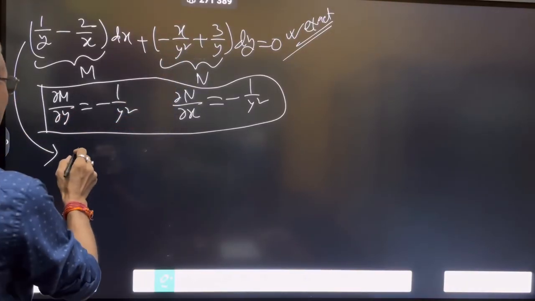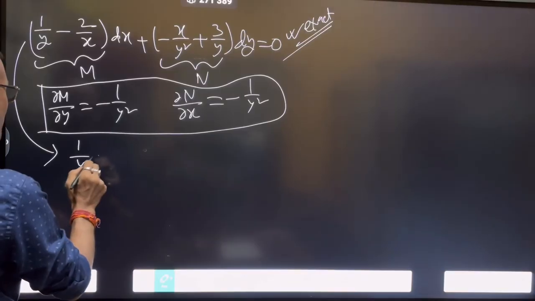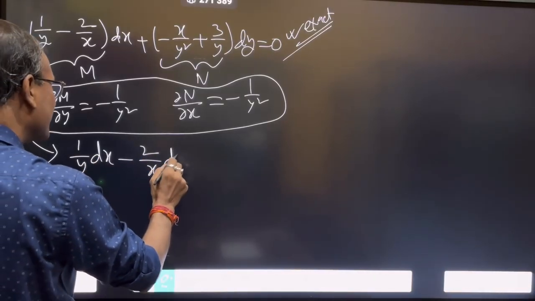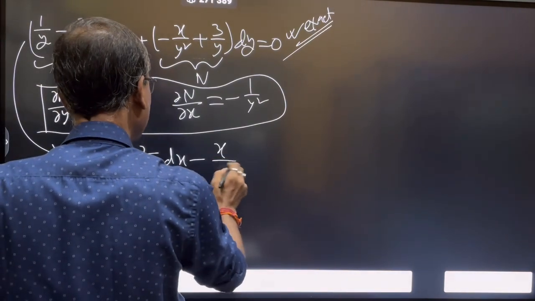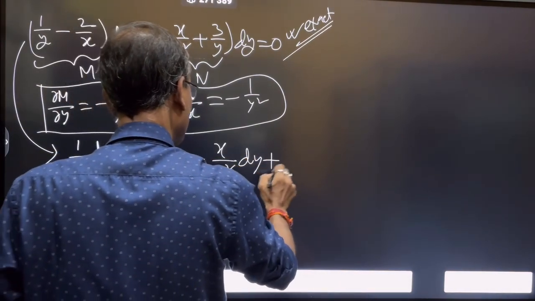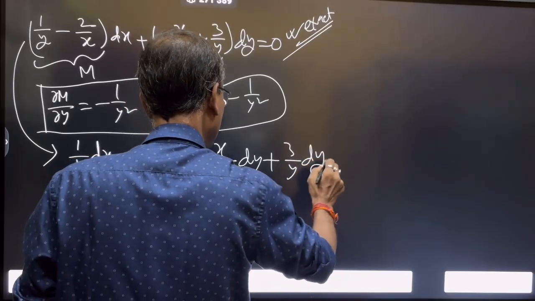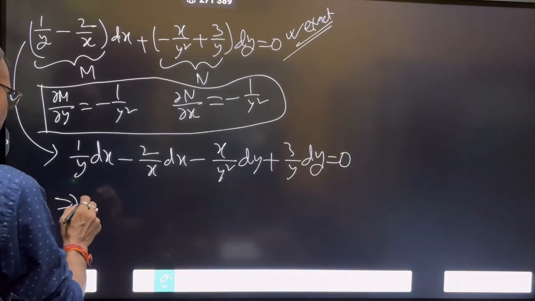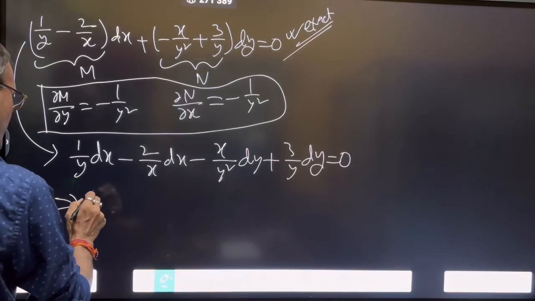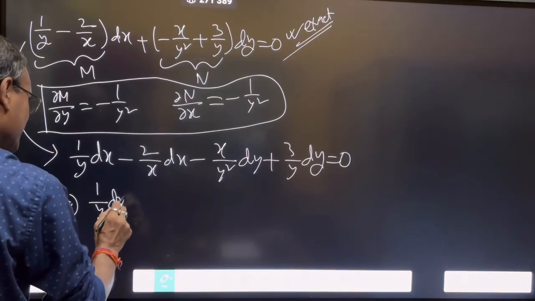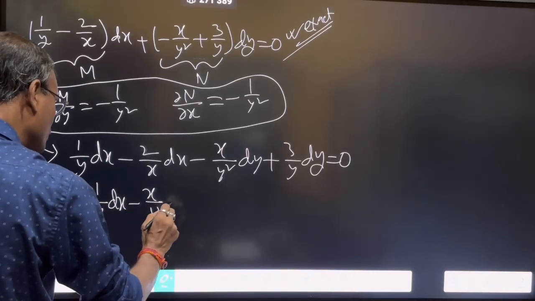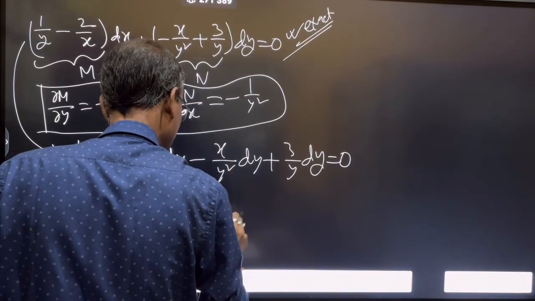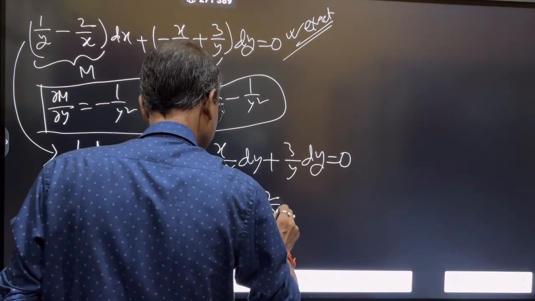Now, you can write it as 1 by y dx minus 2 by x dx minus x by y square dy plus 3 by y dy equal to 0. Or 1 by y dx minus x by y square dy plus 3 by y dy minus 2 by x dx.